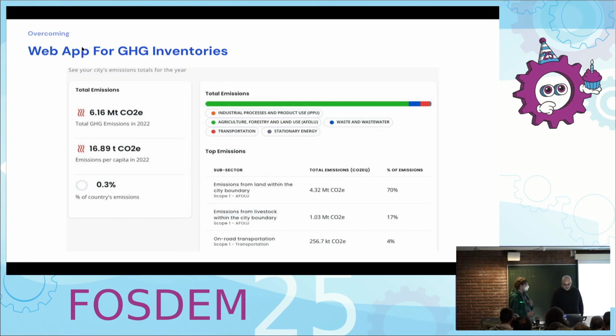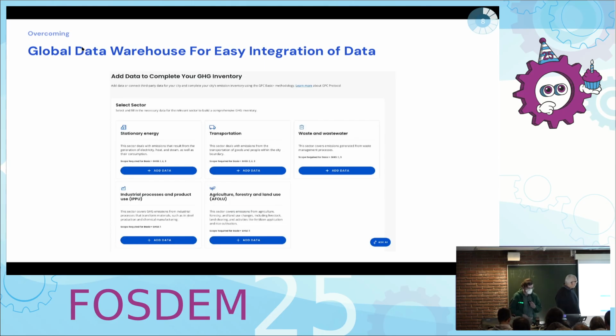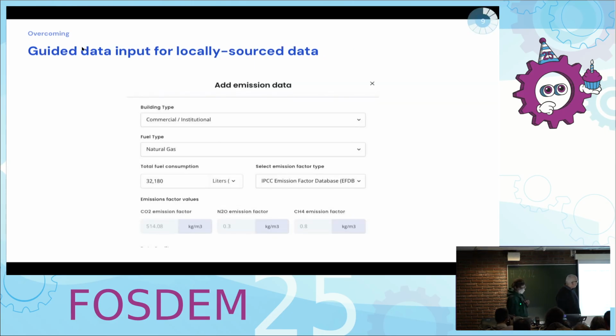And we have a separate so-called global API that makes it easy for this web front end to import only the relevant data, so only for your specific city, as well as a guided input system that can be used, you can see it here, if there's no third-party data available and you need to enter the data that you get from, let's say, your energy companies and so on manually.